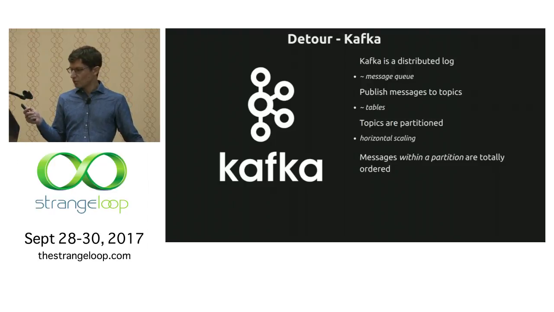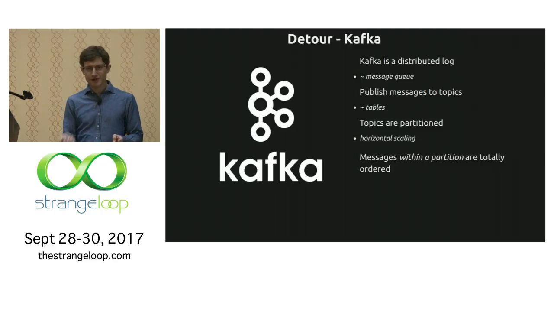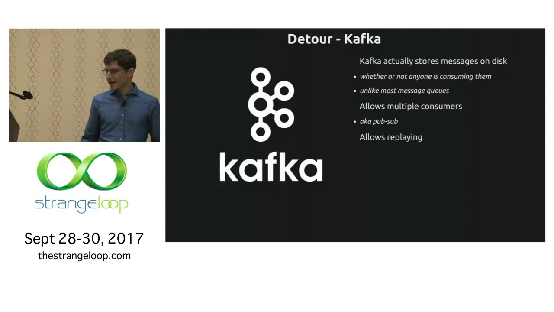And within a partition of a given topic, Kafka guarantees that messages are totally ordered, which means messages will come out of a topic partition in the same order that they went in, which is really useful. And Kafka actually stores the messages on disk, whether or not anyone is listening to them.